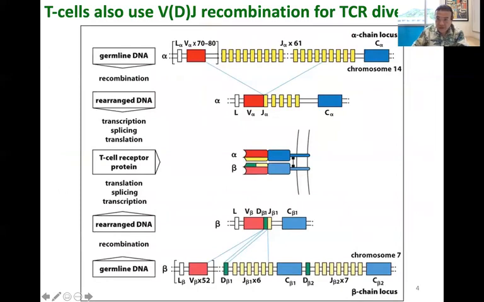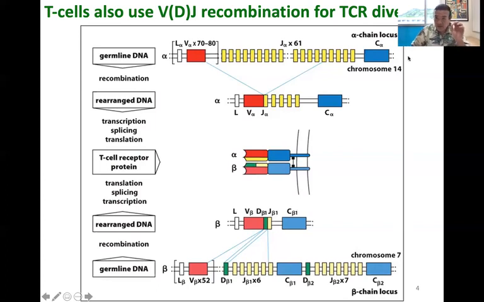So not surprisingly, T cells make their T cell receptors and their variable domains through the VDJ recombination process. I already told you, T cells are earlier in evolutionary history than B cells. So in reality, this is the first time in evolution that any of our cells did VDJ recombination.